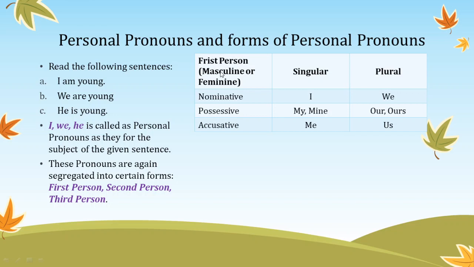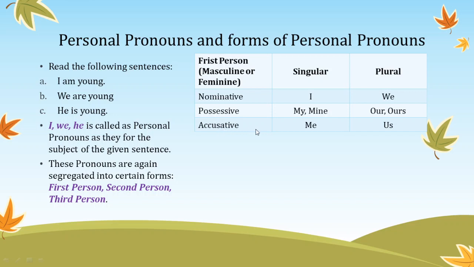Now first person, which is in the form of masculine and feminine, in singular and plural. So first one, nominative, that is the first person: I in singular, plural of I in the first person is we. In possessive form, in singular, it is my and mine for both masculine and feminine. In plural, it is our and ours for both masculine and feminine.